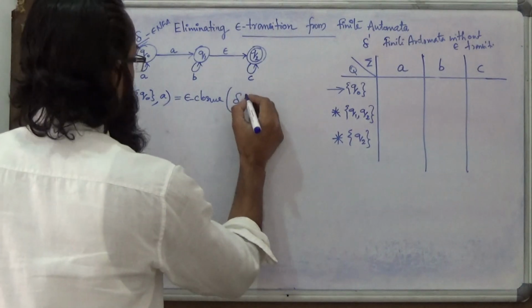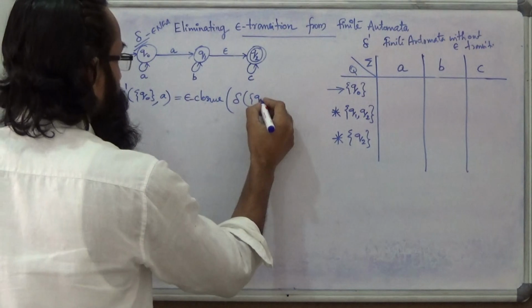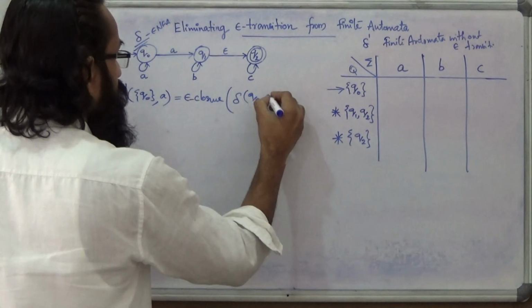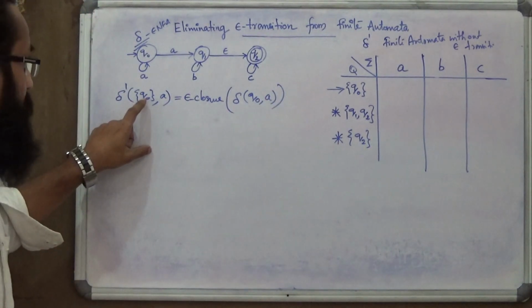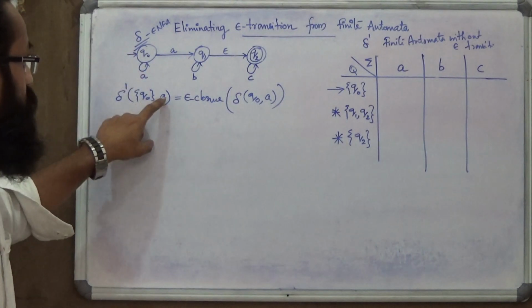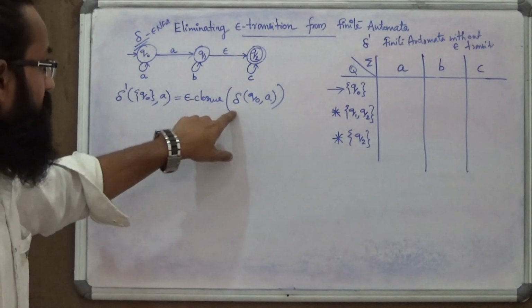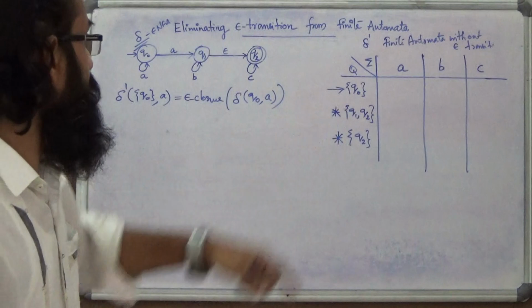So first you have to apply transition function delta to Q0 A, and from the result you have to take the epsilon closure, and that will be the target state.